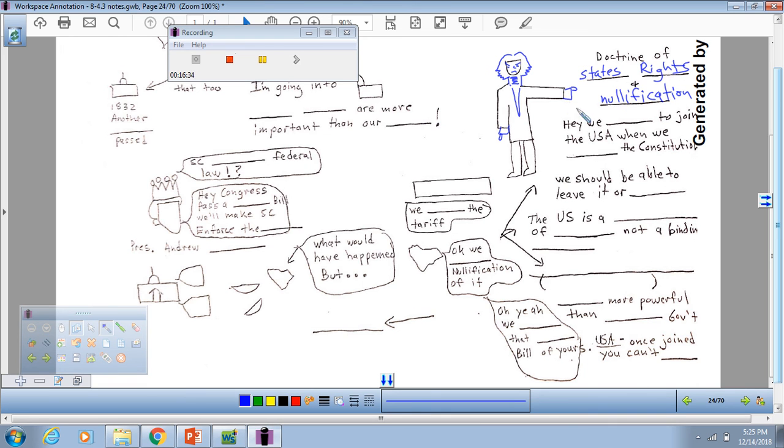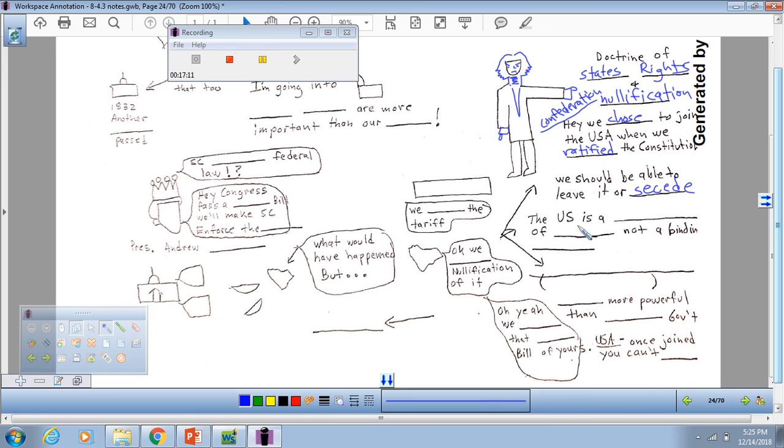And a confederation is a group of people that agree to be together. And he basically said, hey, we chose to join the USA when we ratified the Constitution. Those who join to be together are called a confederation. And they said, because we ratified the Constitution, it made us a member of the U.S., we should be able to leave it or secede if we want.